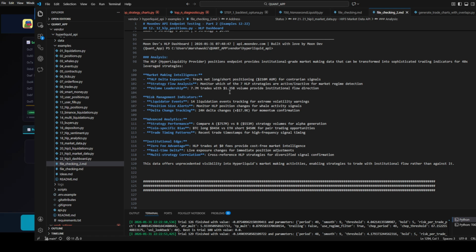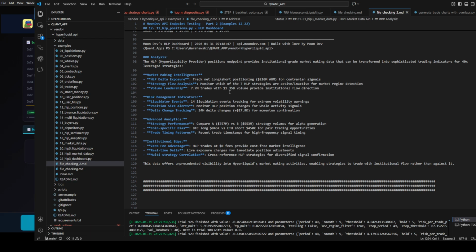Risk management indicators, liquidation events: 14 liquidation events tracking for extreme volatility warnings. Position size alerts, monitor HLP position changes for whale activity signals. Delta change tracking, 24-hour delta changes for momentum confirmation.